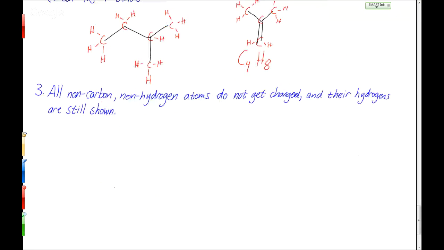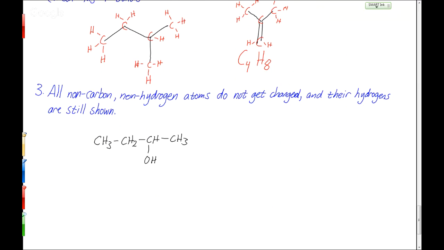So what that looks like is, let's say we have a condensed structure that looks like this. We'll get into this in the next chapter, but that thing coming off of that 3rd carbon in there is an OH. It's called an alcohol group.